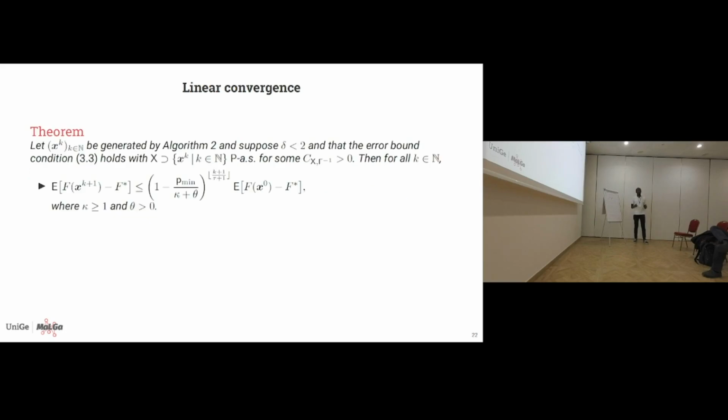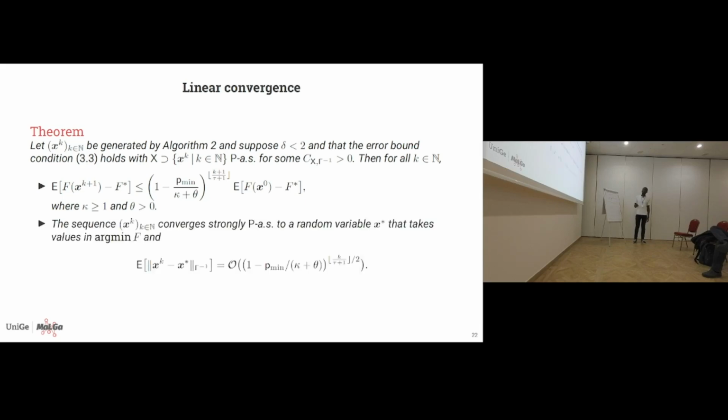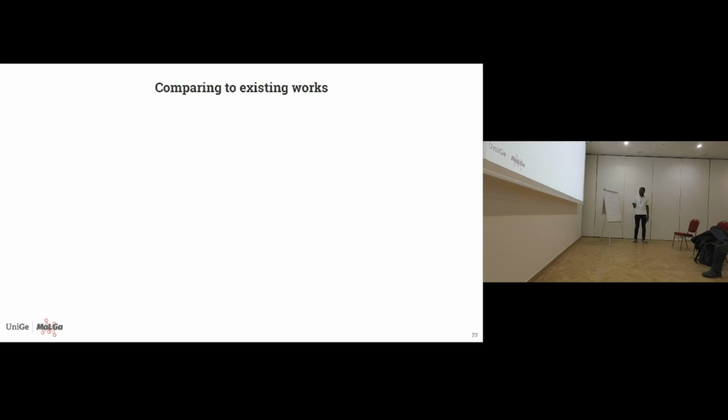By linear, we mean exponential convergence to the minimum, and the convergence of the iterates is not weak anymore. We can prove strong convergence, and also linear convergence of the iterates. So that's the result. And we have some experiments that we use to compare to existing work.